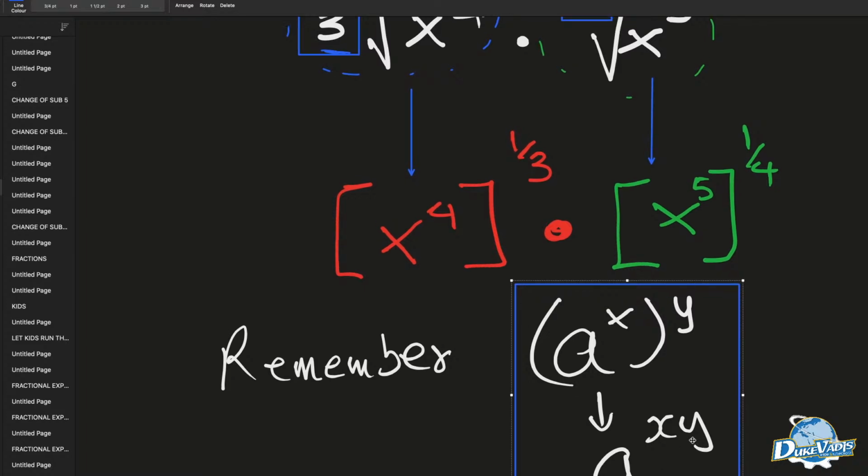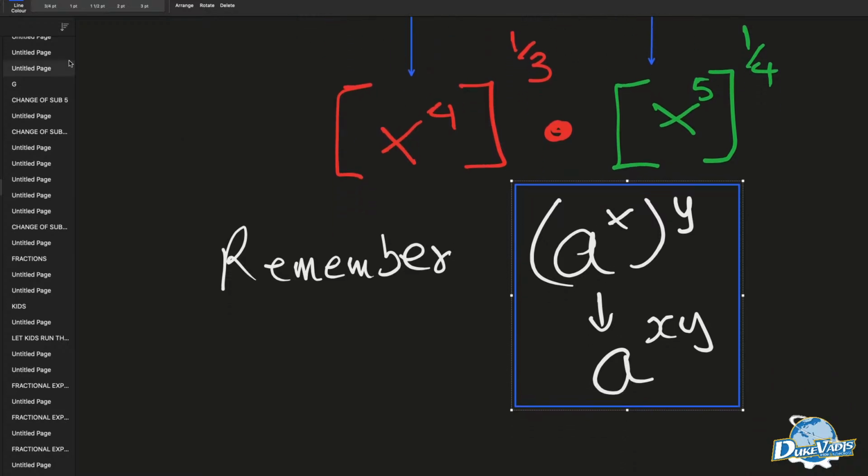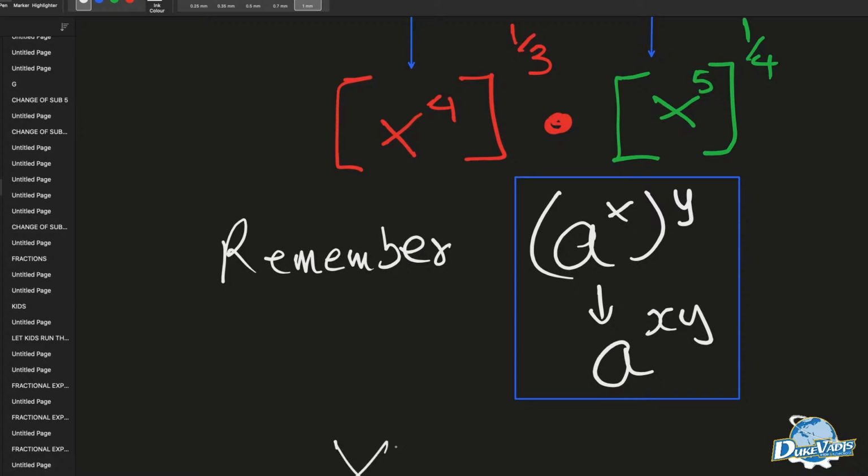If you look at it, all the variables are in x. So the first one, where we have x raised to the power 4, we'll multiply that. So it will be x raised to the power 4 times 1 over 3.